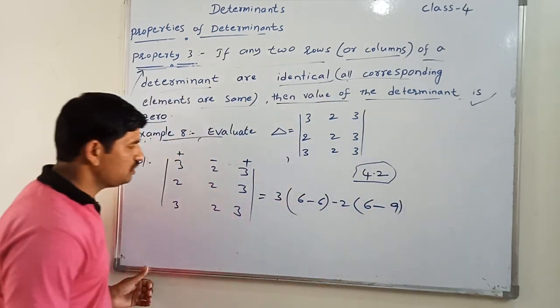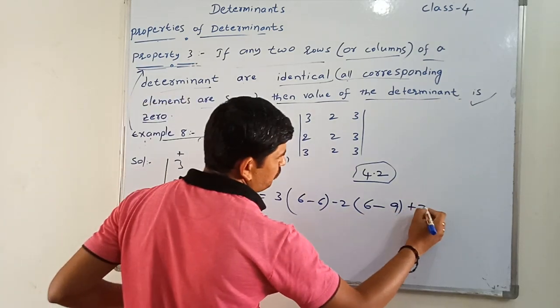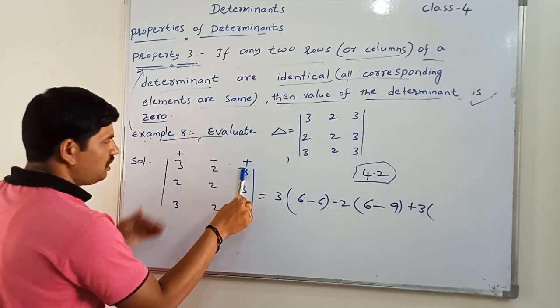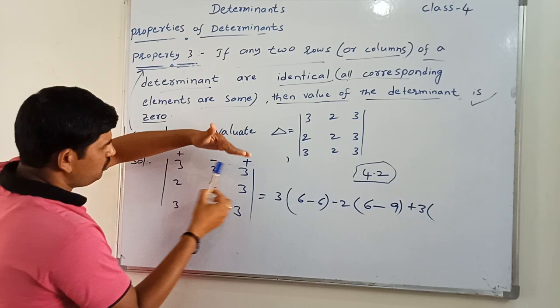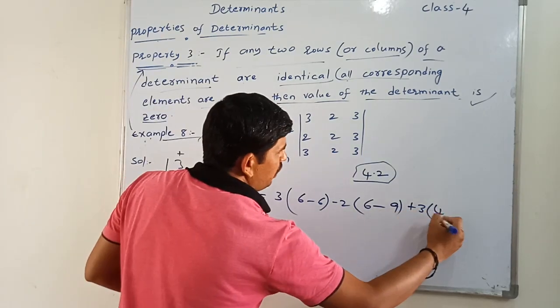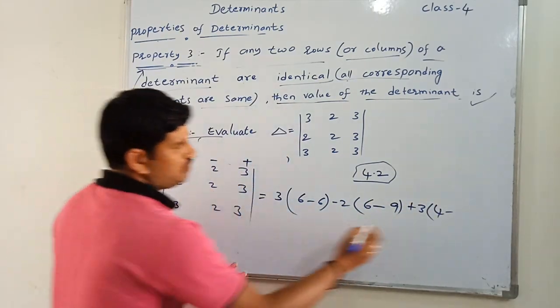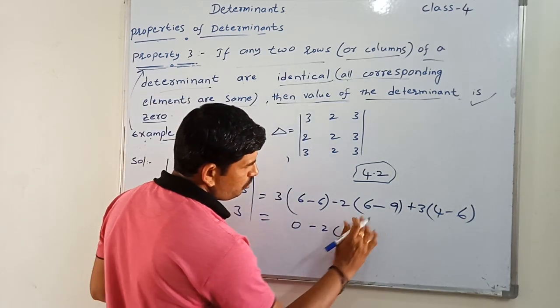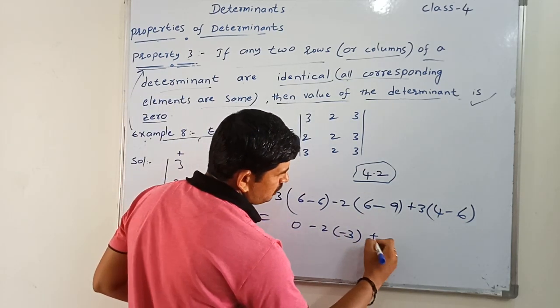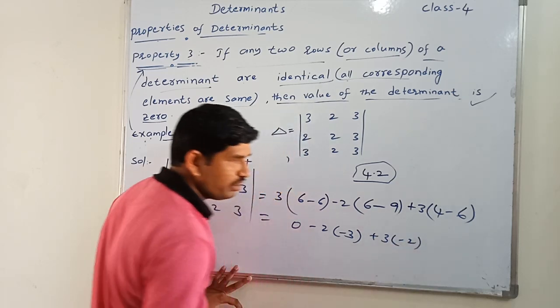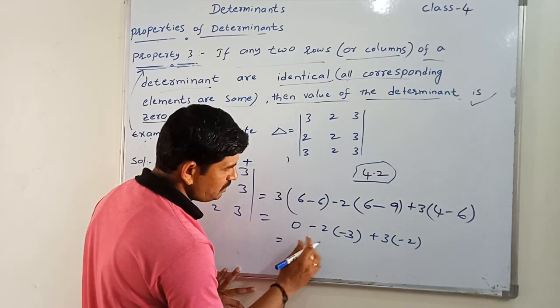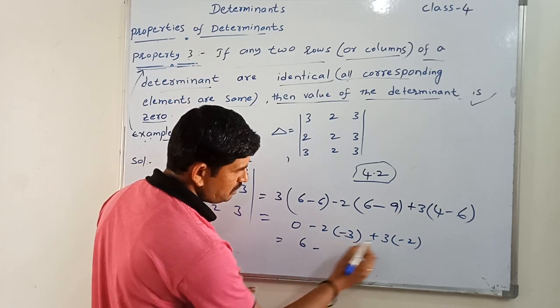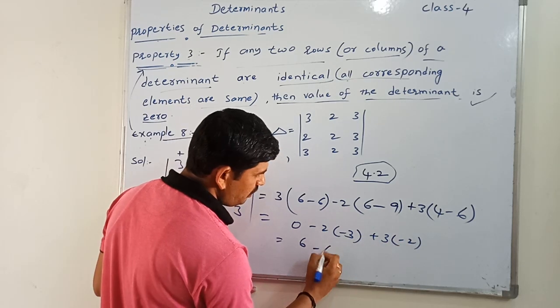After that plus 3, and this part is closed: 2 2s are 4, and minus 3 2s are 6. This part is 0, minus 2 into minus 3, and this is 3 into minus 2. Yes or no? So minus and minus plus, 2 3s are 6, plus 3 into minus, minus 3 2s are 6.